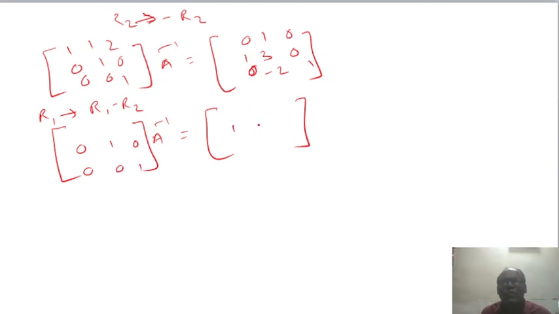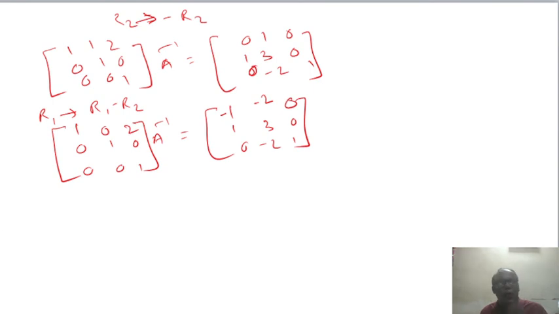Here it is 1, 3, 0, 0 minus 2, 1. Remember this thing. Then R1: 1 minus 0 is 1, 1 minus 1 is 0, 2 minus 0 is 2. There it is 0 minus 1 is minus 1, 3 minus 1 is 2, and 1 minus 0 is 1, 0 minus 0 is 0.